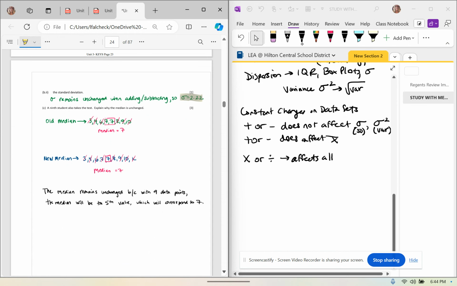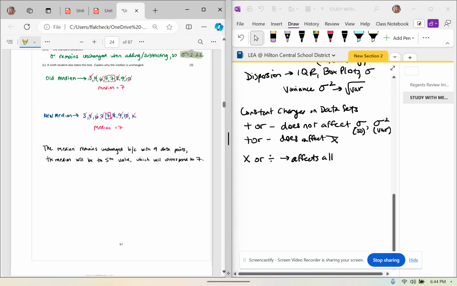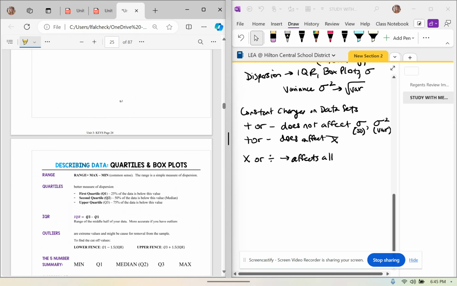Okay, and you can always check and add or subtract the same number to every data point, multiply or divide every data point by the same number in your little list in your calculator if you wanted to double check on the day of the test because you forgot. Okay, and it talks about the median and standard deviation. Okay, great.